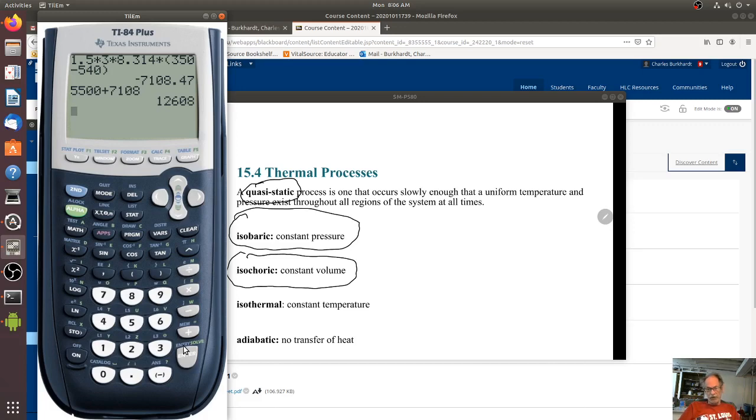Its internal energy will change. That's a process that's taking place at constant volume. Isothermal is a process that takes place at a constant temperature, as it sounds like from its name. And adiabatic, which doesn't have the prefix iso, it's too bad. Adiabatic is a process where no heat flows in or out of the system.